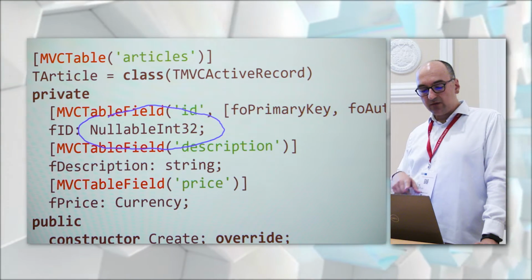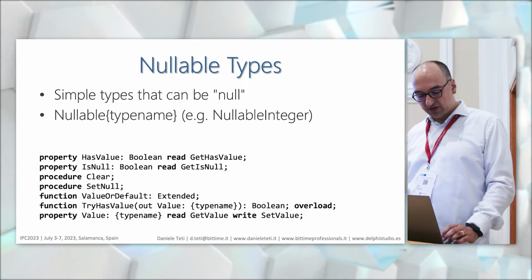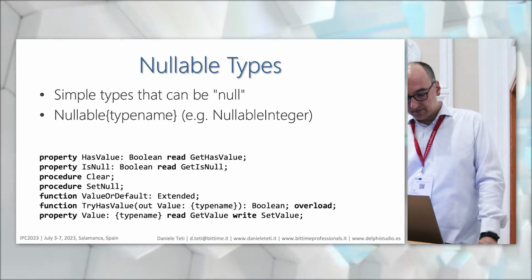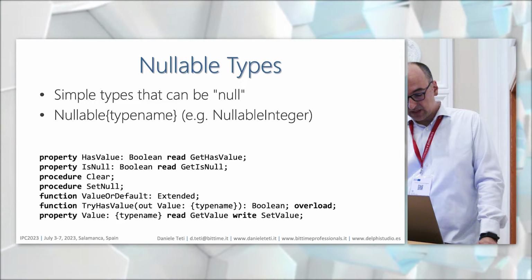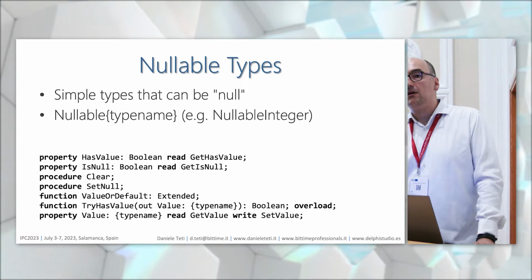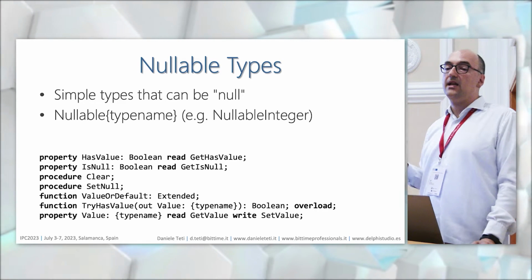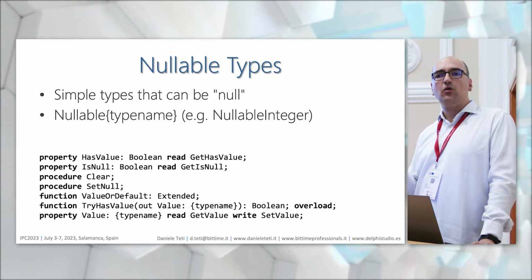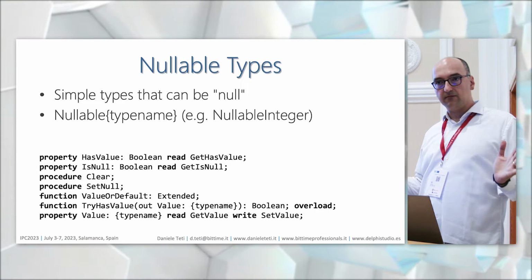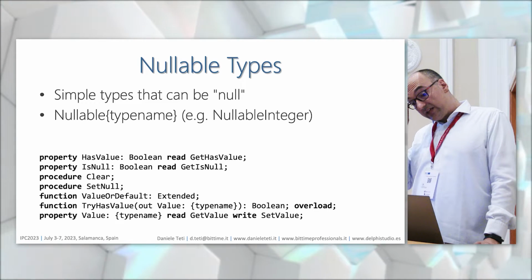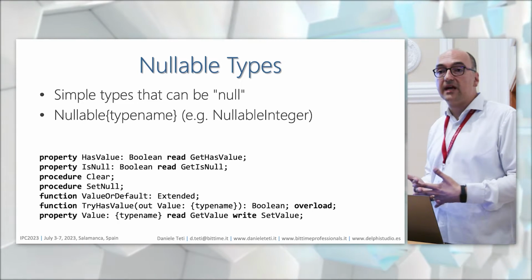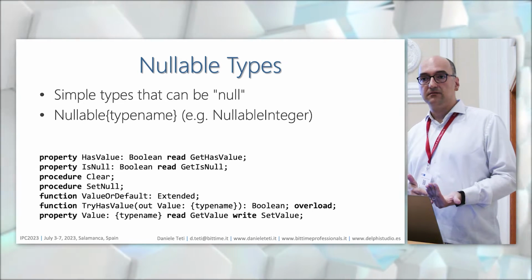As you can see here, we are using some strange type, this NullableInt32. What is it? The DMVCFramework provides nullable types, which can also be used in non-DMVCFramework projects. What are nullable types? They are simple types that can be null.